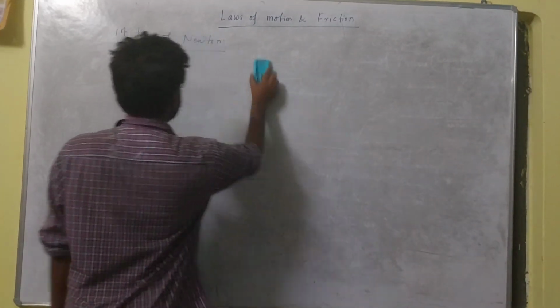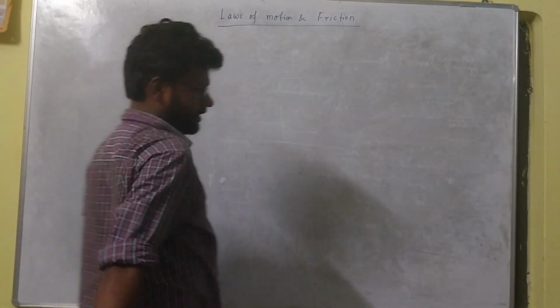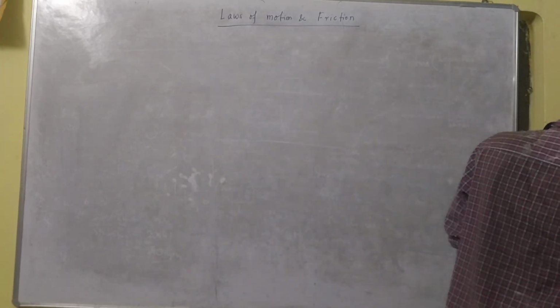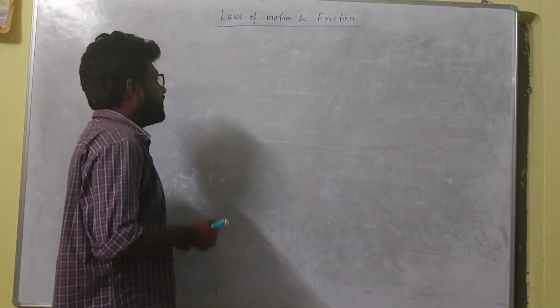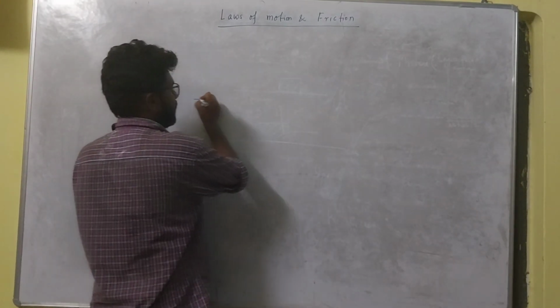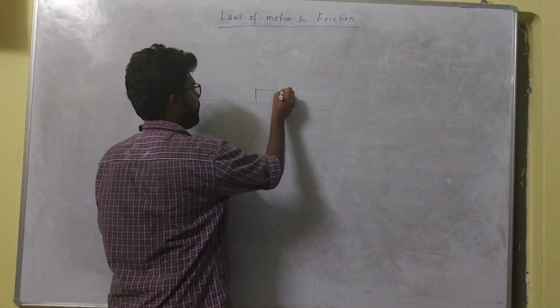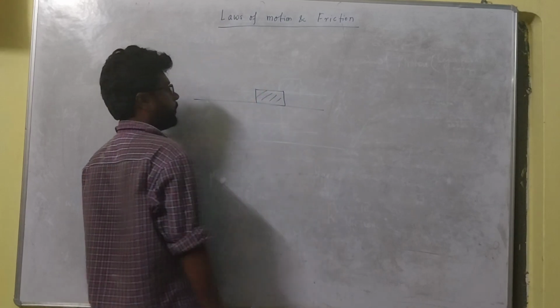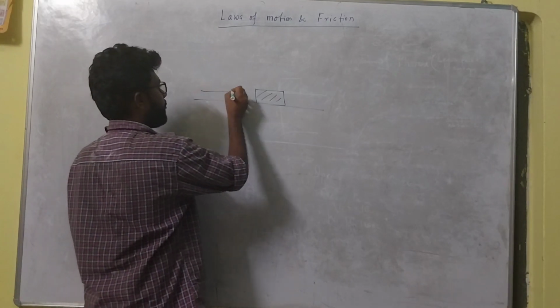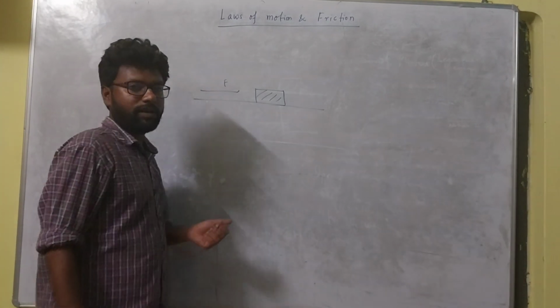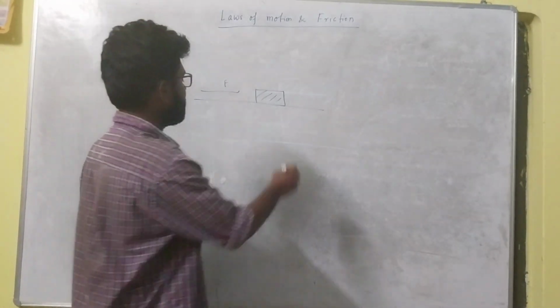The second law of motion means, if you apply a force on an object, then what will happen? So just imagine the block on the floor. The block here on the floor is at rest. Then you apply the force F. Then what will happen? It will move.